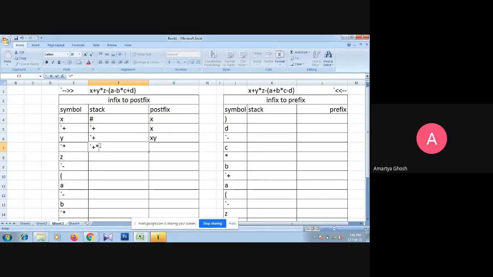So here is the condition, that is we need to check the priority, because according to the Bodmas rule, you know Bodmas rule. So according to the priority, we have to calculate. When we calculate this, we have to first calculate within the bracket. And within the bracket, we have to first perform the B into C, because we know multiplication's priority is highest among multiplication, addition or subtraction.